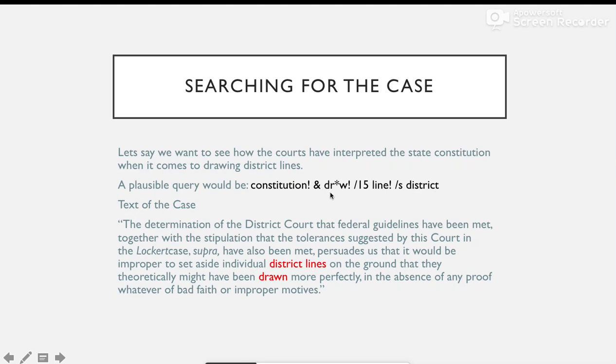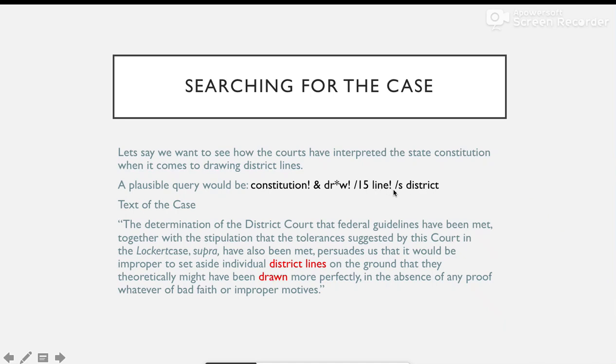But with these, we see that they do have to be pretty close together because you have to have line within 15 words of draw. The reason we want to do that is because it could have been drawn lines or drew lines, but the reality is there's a good chance that, just like we see here, they could be pretty far apart.